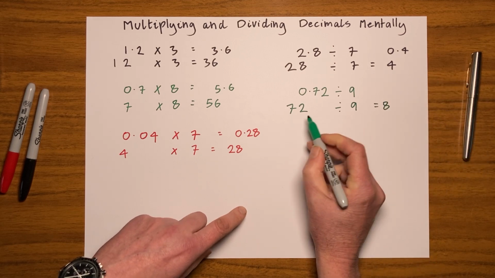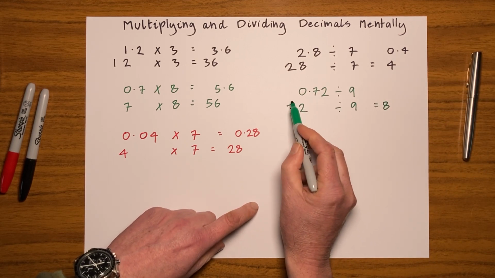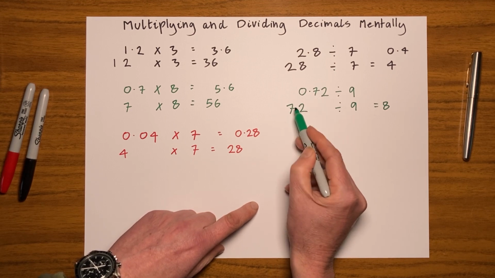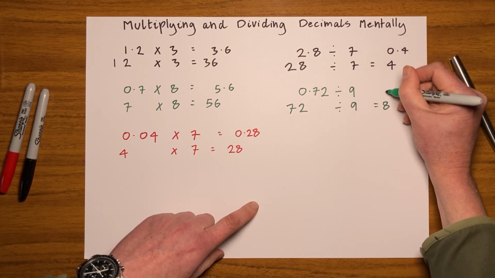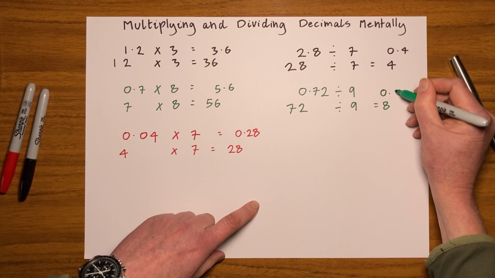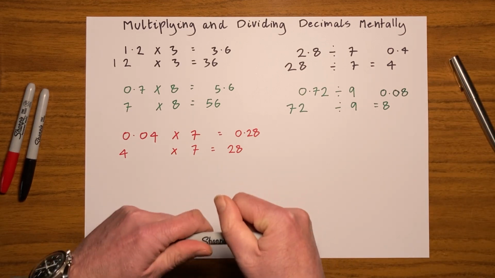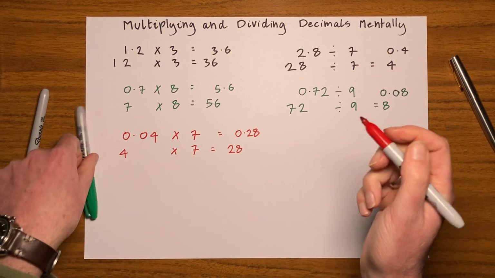However, I'm not doing 72. I've got 0.72, and look, there are 2 columns over, so it's 100 times smaller. So I need to make the answer 100 times smaller. Put my decimal point here. Move it 1 column would be 0.8, but that's not enough. It needs to be 2 columns, so I get 0.08.